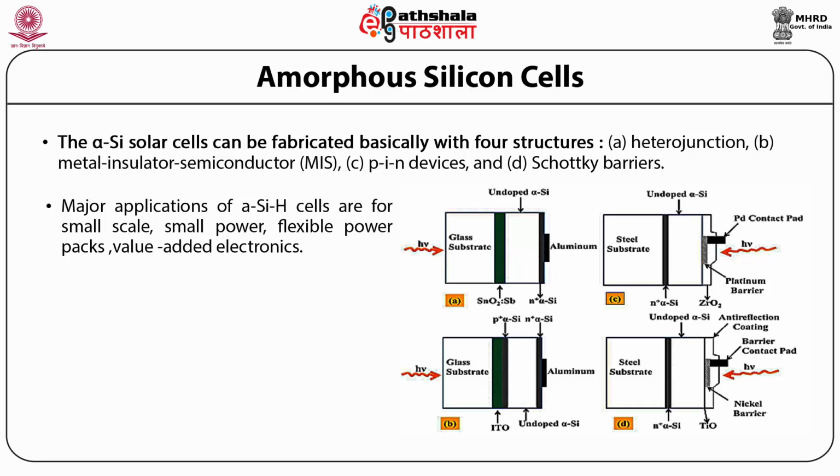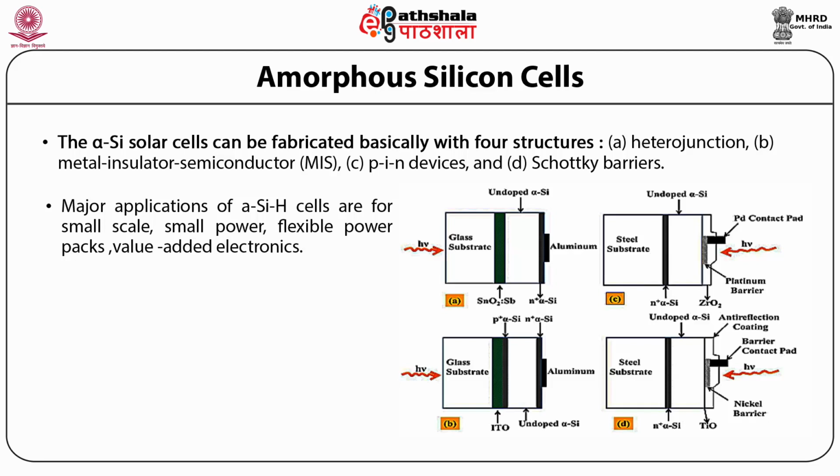This cell design provides a VOC of 0.43 volts, ISC of 10 milliampere per centimeter square, fill factor of 0.28 and efficiency of 1.2% under AM1 conditions.